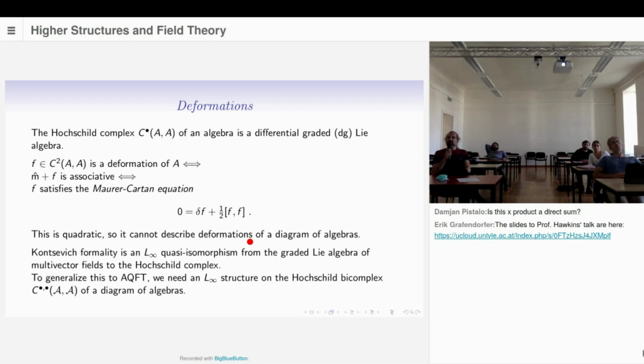So what is the bicomplex now? Why bi? Well, it's a complex, but it's very naturally expressed as a bicomplex. The second degree is multilinearity, the one that's familiar from the standard Hochschild complex. The first degree has to do with the category structure underlying it.